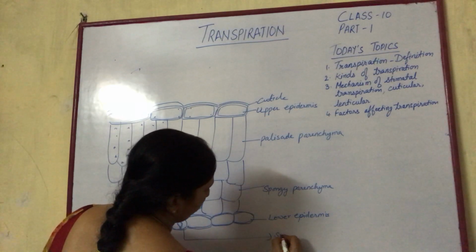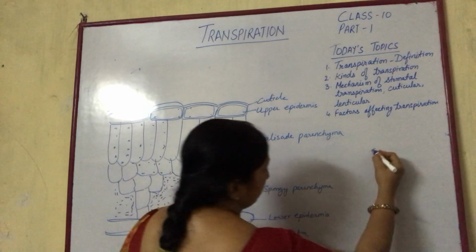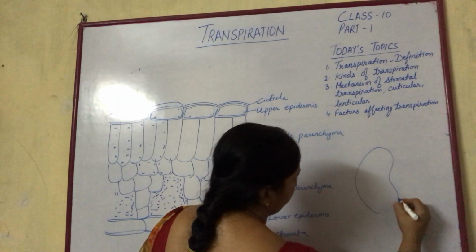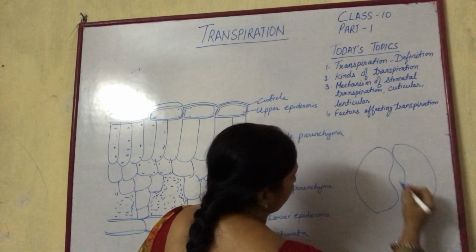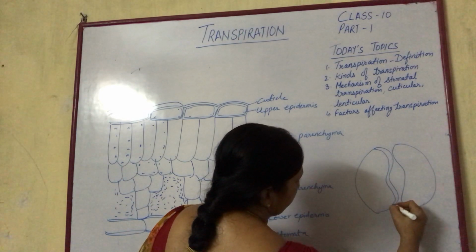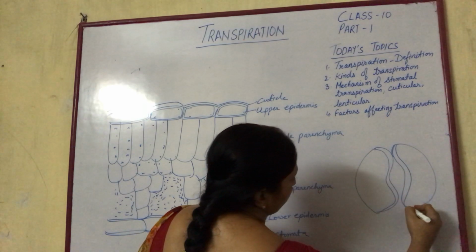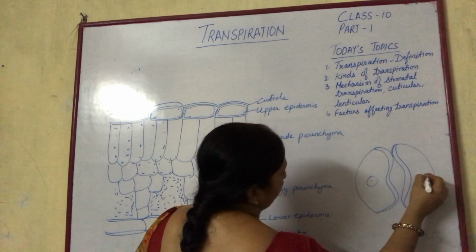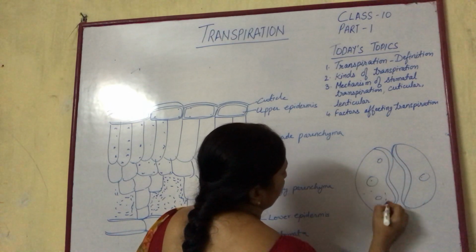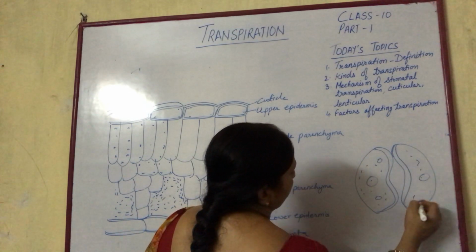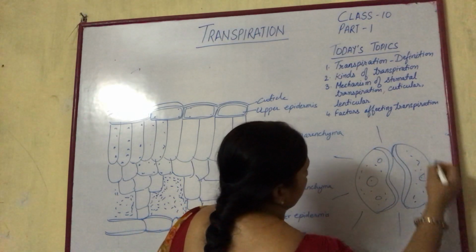Next to this is the stomata. Here I am making a structure for the guard cells also. Bean-shaped structure, thicker at the inner end, thin-walled at the outer end. This one contains nucleus, chloroplast, starch granules. These are surrounded by the mesophyll cells.